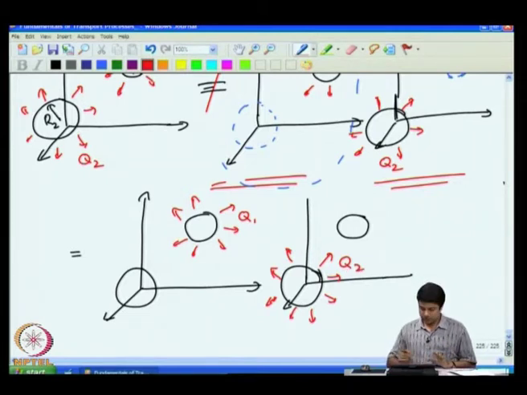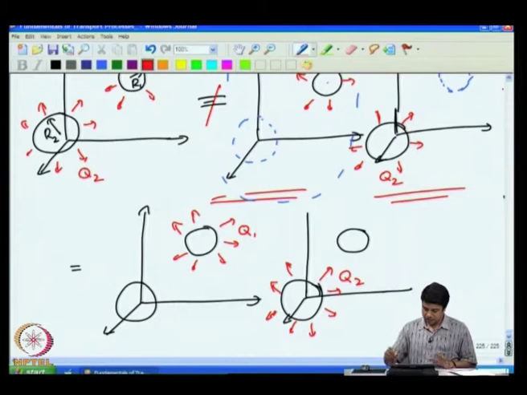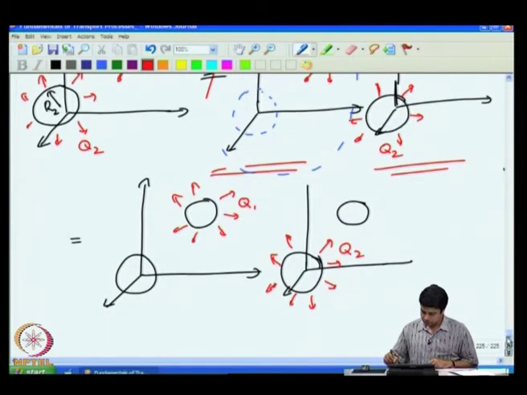This is a valid way of doing linear superposition, because the boundaries are the same in both problems, and if I add up the fluxes coming out from the two configurations, I get the flux for the original problem. So, so long as I do not change boundaries, I can always do linear superposition.